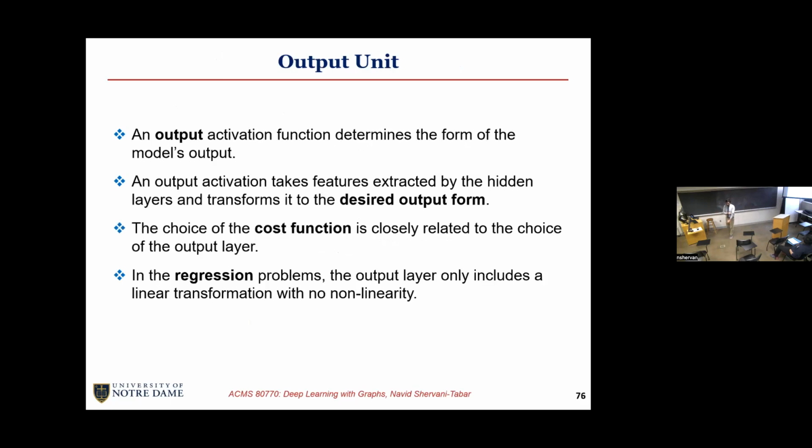The last topic that I want to discuss is the output unit. We said that our model wants to learn a map from some input into some output. Depending on the task that we're tackling, we have different types of outputs. If I have a regression problem, our output is going to be some real value.